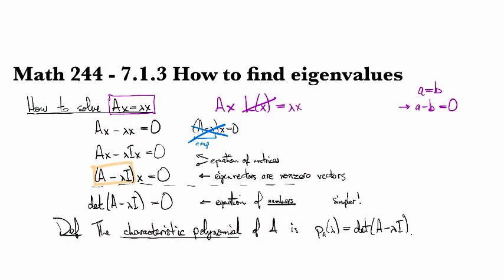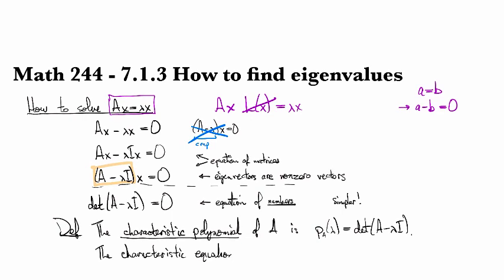And the characteristic equation is when we set this sucker equal to 0.